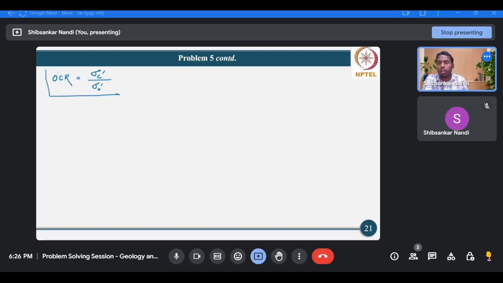And the sigma c prime is nothing but the pre-consolidation pressure, and this is the present effective pressure.